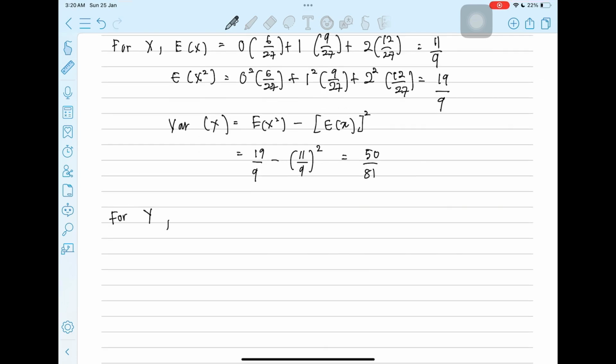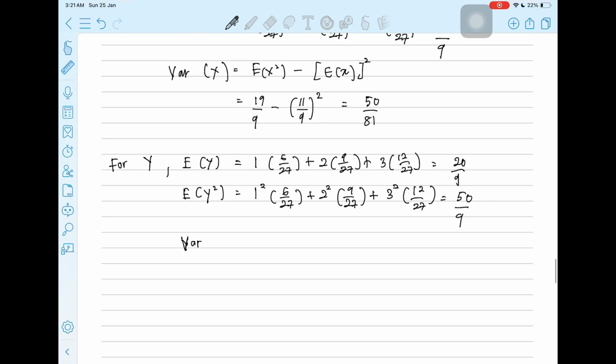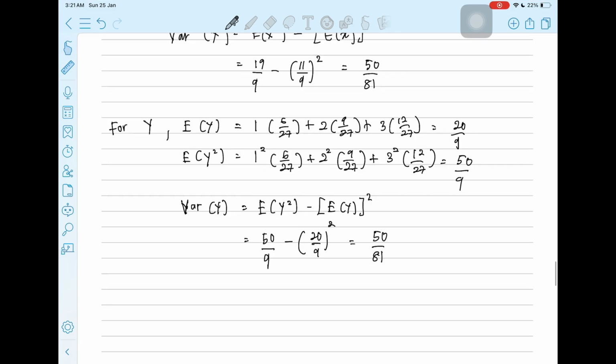So for y, we write up the E(y), and then we get the answer is 20 over 9, then E(y squared). So we get the answer is 50 over 9. So we write out the formula, and then we get the answer is 50 over 81.